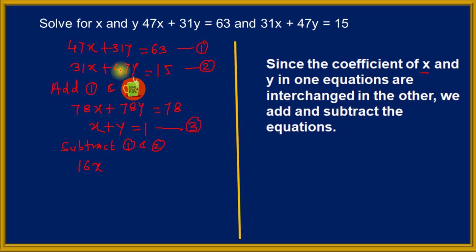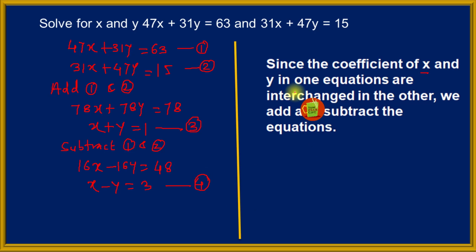Now 31 minus 47 will be minus 16y, which is equal to 63 minus 15, that is 48. Here 16 is a common factor, so divide by 16 throughout the equation. So you will get x minus y, which is equal to 16 3s are 48. So this will be equation number 4.